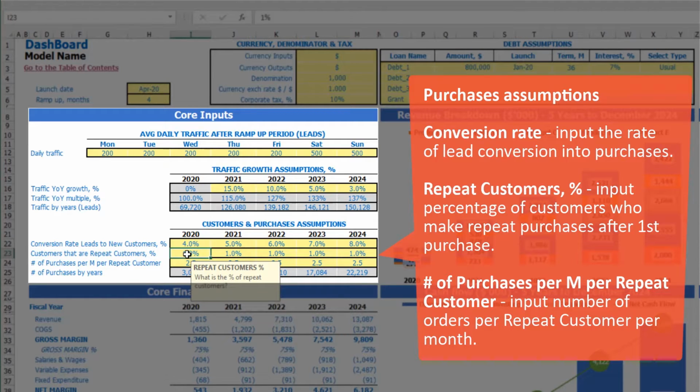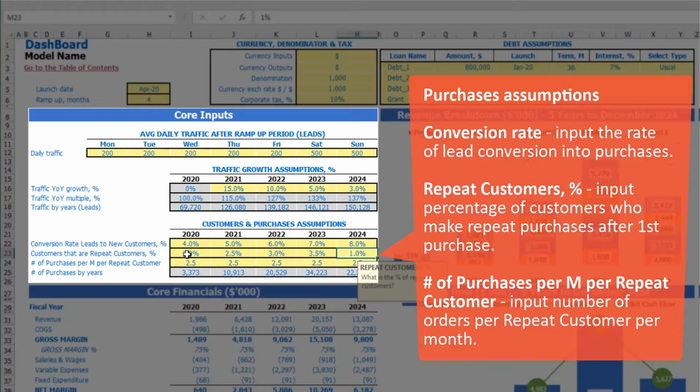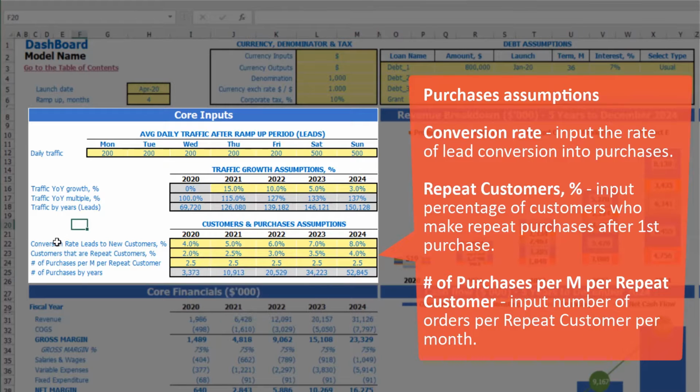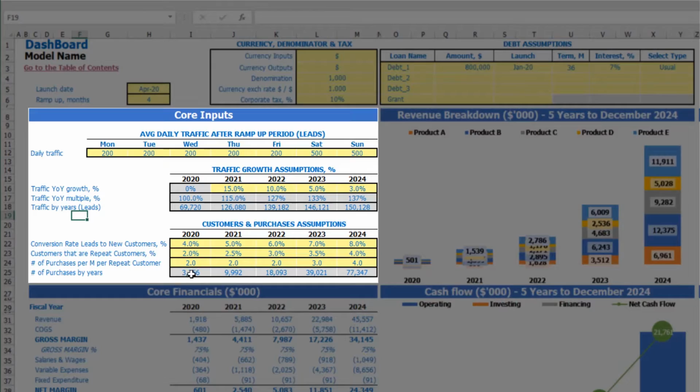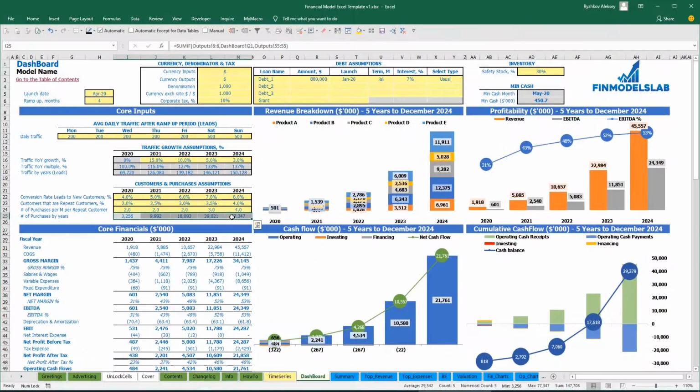It can be also inputted by years, for example 2, 2.5, 3, 3.5, and 4%. Also you can input count of purchases per month per repeated customer, for example 2, 2, 2, then 3 and 4. And based on these assumptions, you may see the count of purchases by years in total.